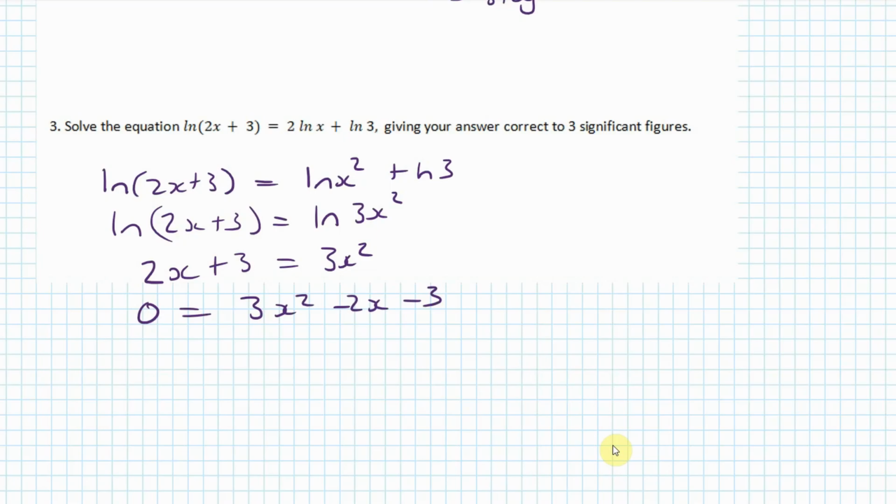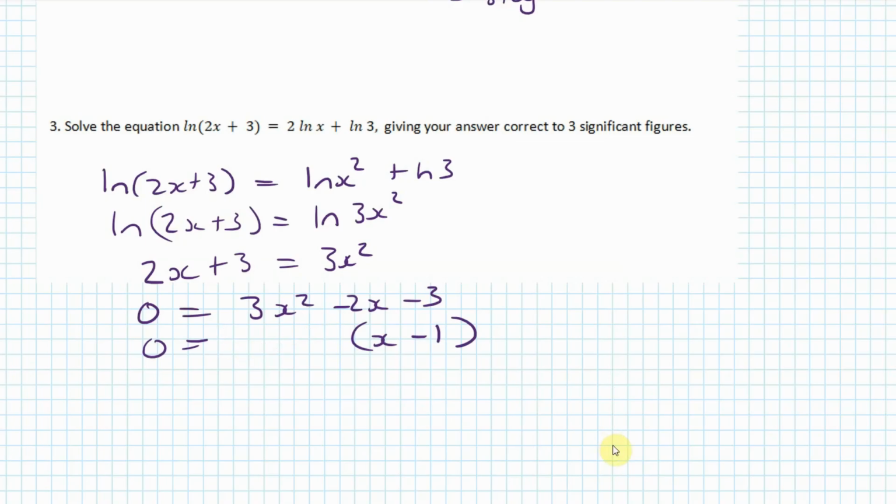Yeah, I think so. So let's go 3x, bracket, x, we want minus 1 plus, no, what am I thinking? Okay, no. So this is not going to work.